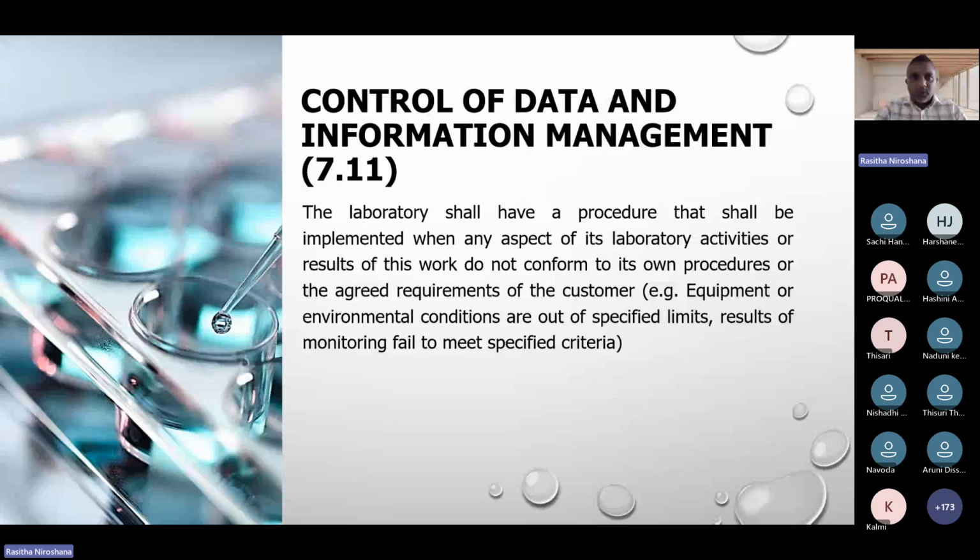Wherever there are any changes, including laboratory software configuration or modification to commercial off-the-shelf software, they shall be authorized, documented and validated. When you have a laboratory management system, right?